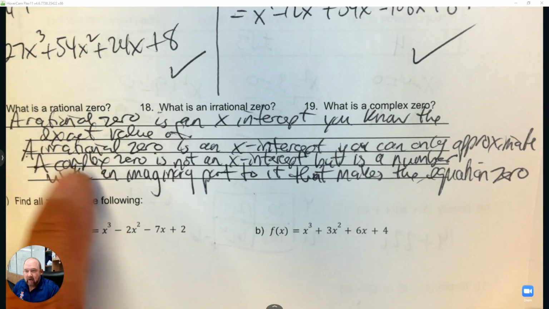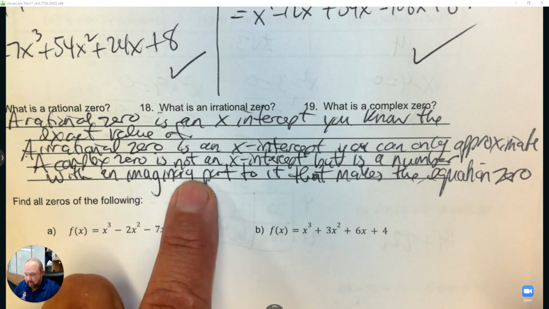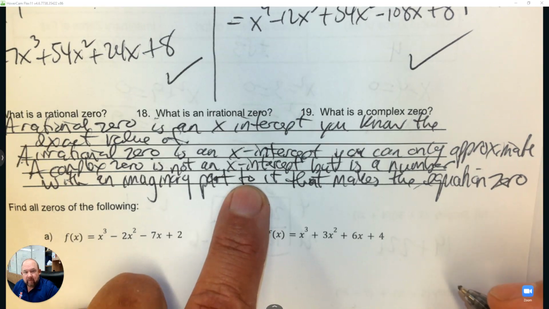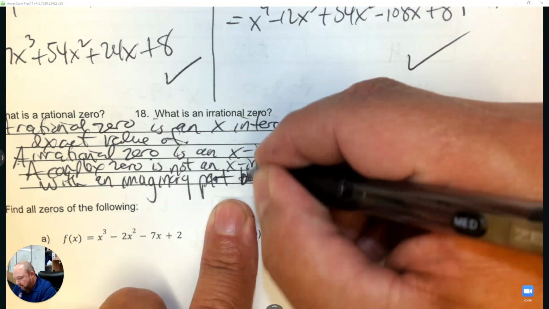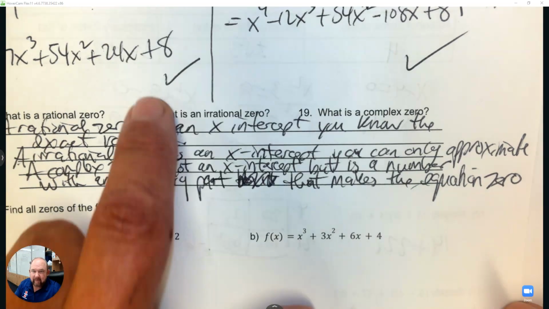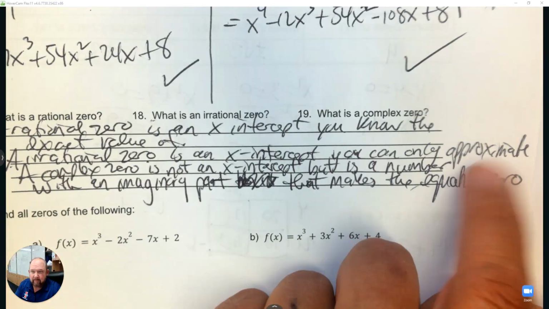So we have a complex zero, not an x-intercept, but a number with an imaginary part that makes the equation zero. These two are x-intercepts, except one you know the exact value of and the other one you approximate.